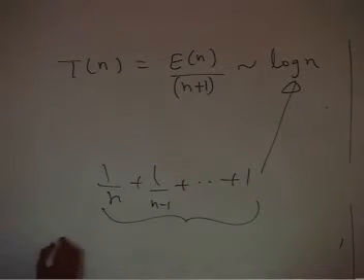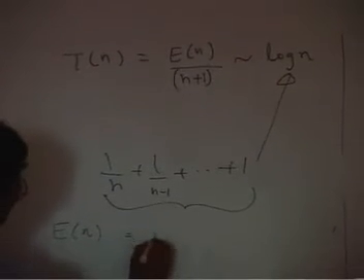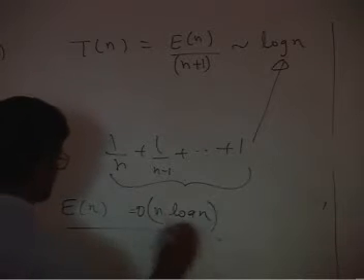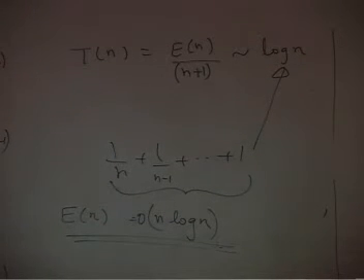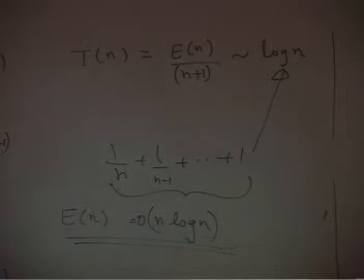Therefore, the expected value will turn out to be order n log n. The essential idea is this. I am right, here is exactly where I have gone wrong. So I will fix it up in my next meeting. Somewhere here I have gone wrong, and I need to fix it.